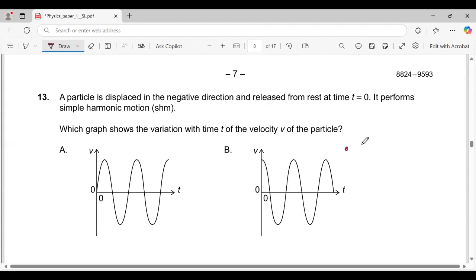First, it starts at 0 at t equals 0, and second, it increases in the positive direction.